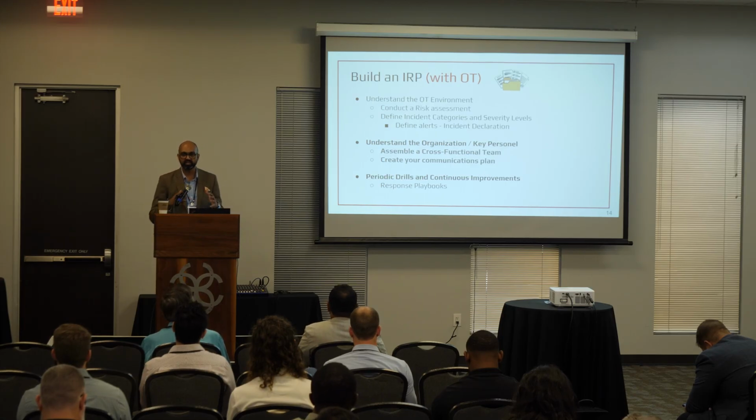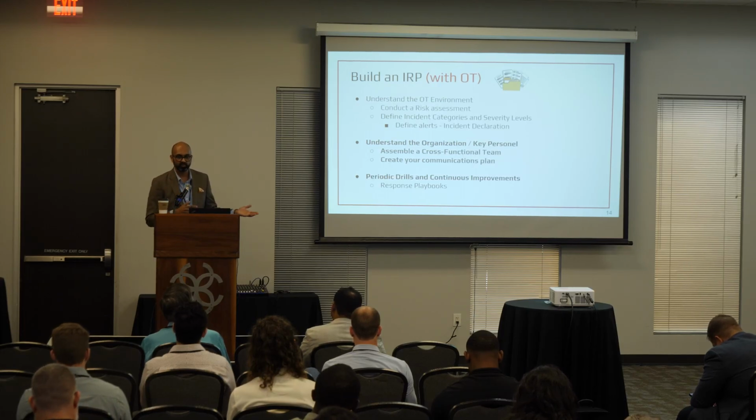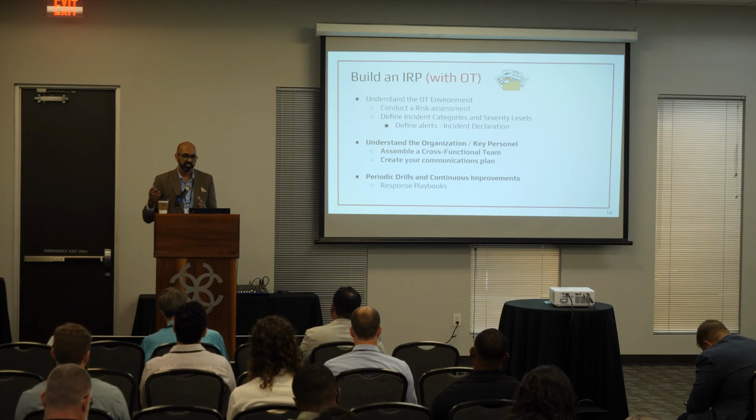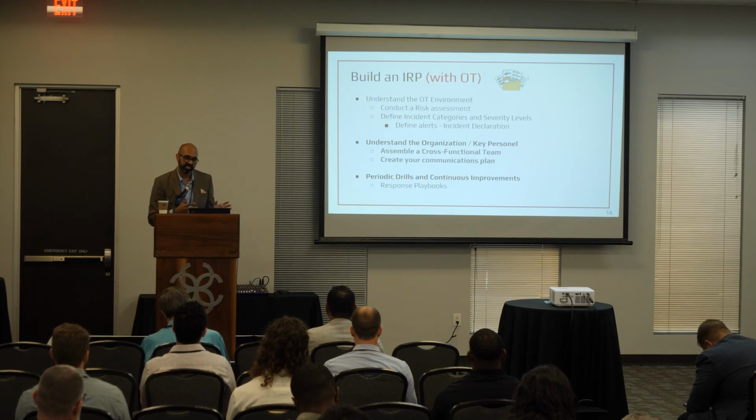So every organization can have their own different definition of that, but usually severity level 5 is the lowest, 1 is the highest, right? So you can go in that way and say 1 is if you get affected, you're going to have a shutdown. Severity level 5 is, okay, you have unauthorized access, but it didn't really do anything because it was Joe from engineering who was trying to log into a server and he used the wrong password.